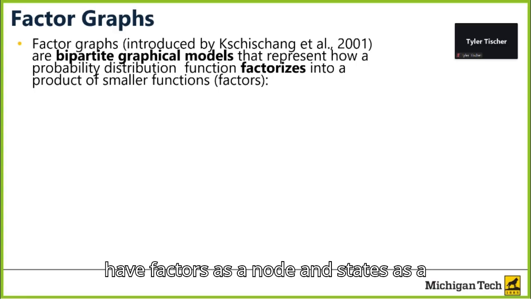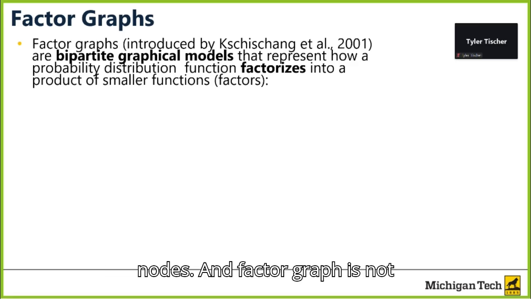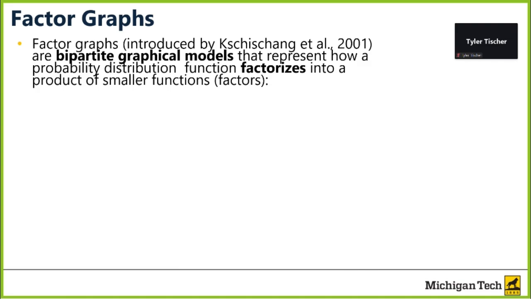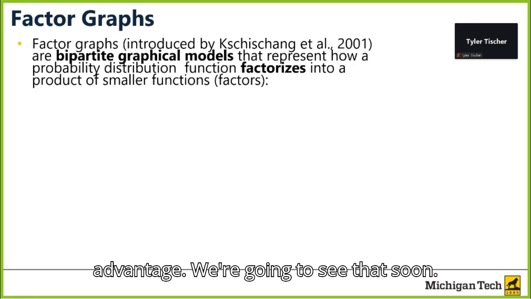So we have factors and states as nodes, and relationships between these nodes. A factor graph is not a directed graph, and we can also have loops. These loops are going to give you lots of advantages. We're going to see that soon.